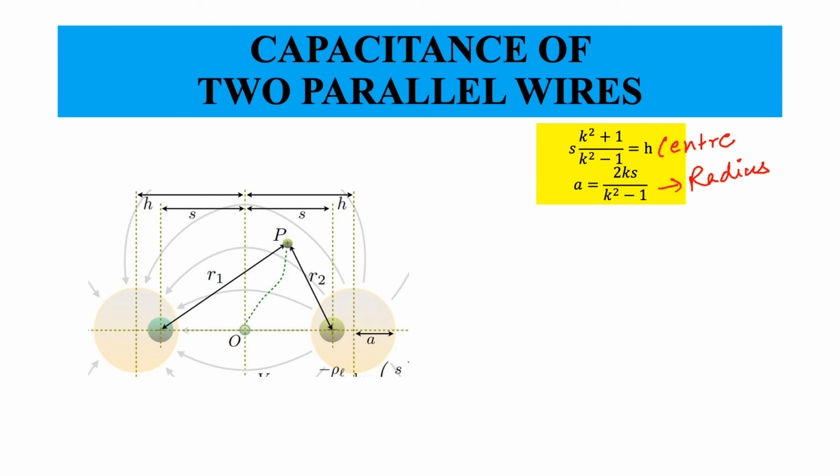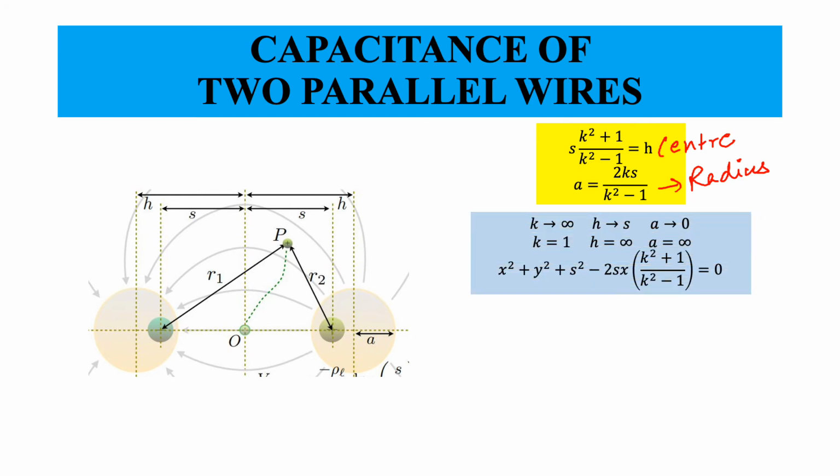First, consider what happens as k goes to infinity. We will look at what happens to both the center as well as the radius as k changes. As k goes to infinity, h goes to s. Why? If I take k square common, the numerator becomes 1 plus 1 by k square, the denominator 1 minus 1 by k square, and the common k square gets cancelled.